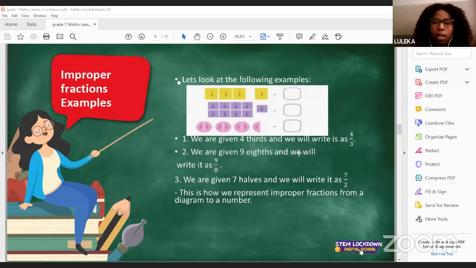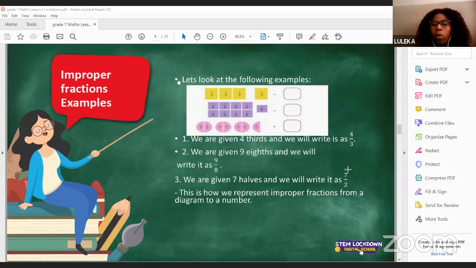Those are 1/3, 1/3, 1/3, 1/3. So if it was a circle, we'll have a circle that is cut into 3, and only one is shaded. So it's 1/3, 1/3, and if we add, we have 4/3. And then the next one is still the same thing.